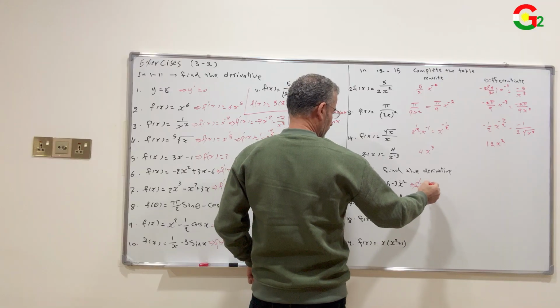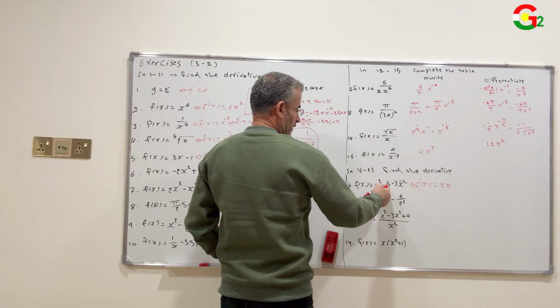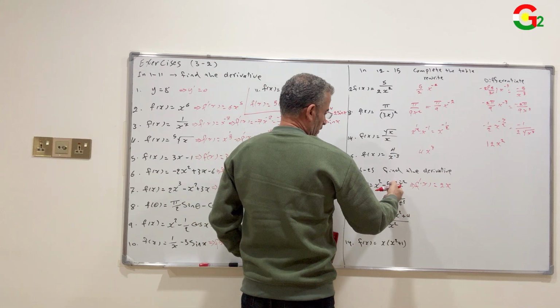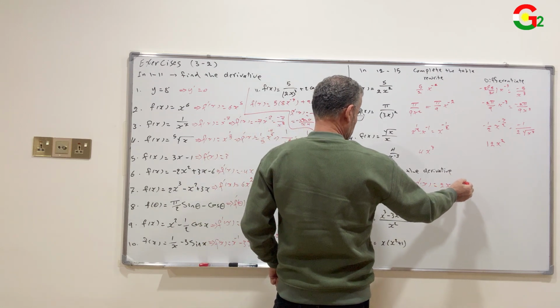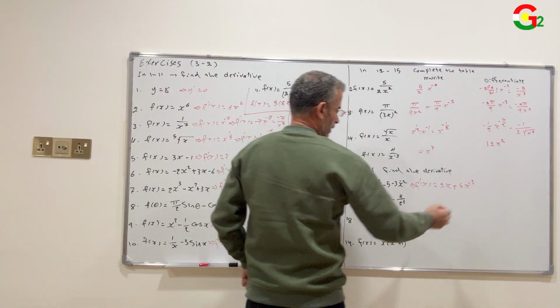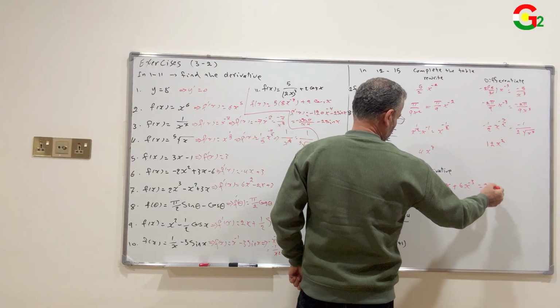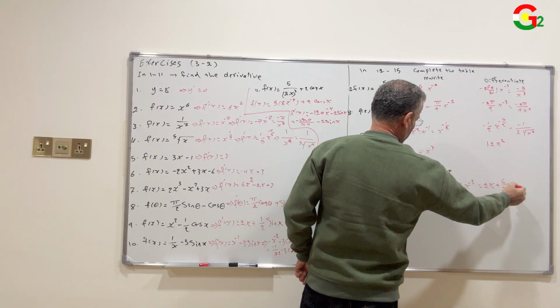The derivative of this function is 2x, negative 5 is 0, negative 3 times negative 2 gives plus 6x to the negative 3. If you want to rewrite it, write it as 2x plus 6 over x^3.